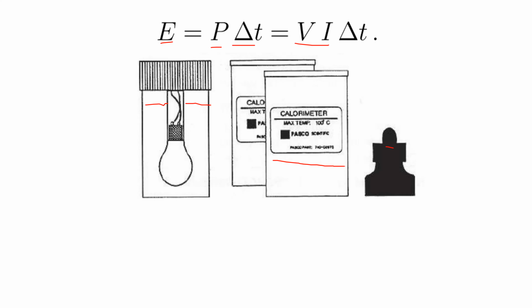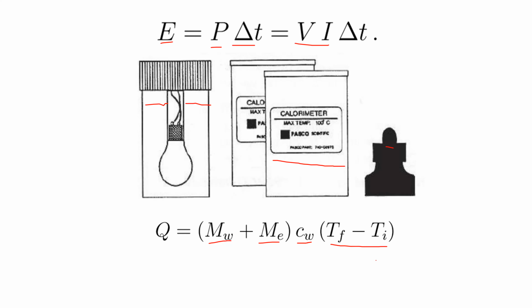But we also need to take into account how much energy it exchanges in order to get a more accurate result. For the heat, we're going to use this formula, which is the mass of the water plus the mass of the calorimeter times the specific heat of water times the change in temperature.